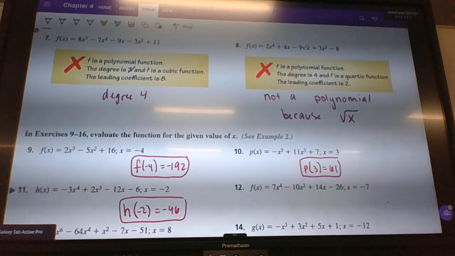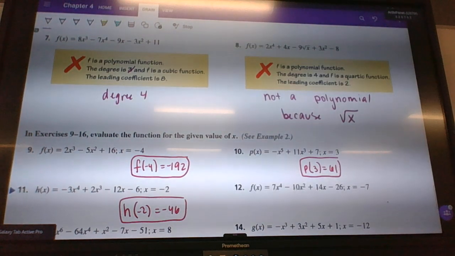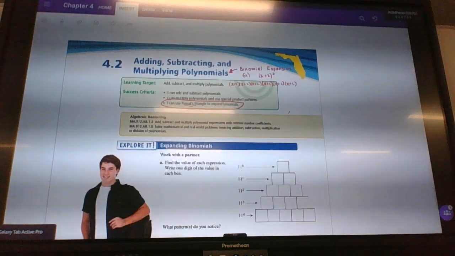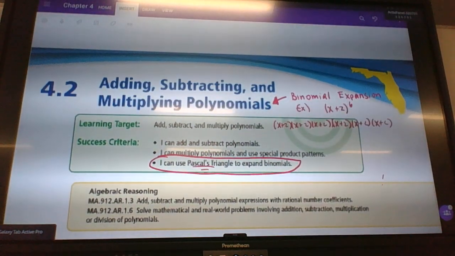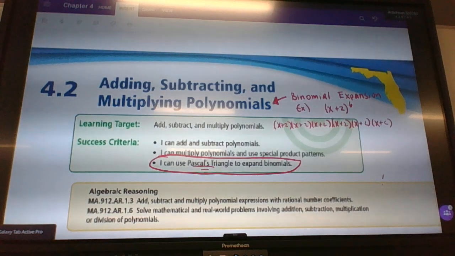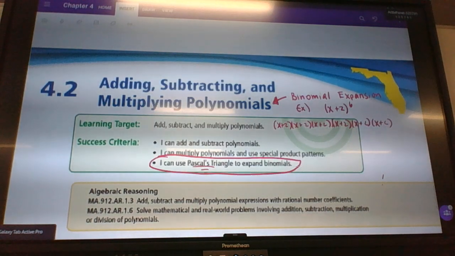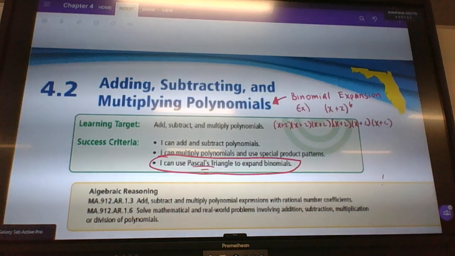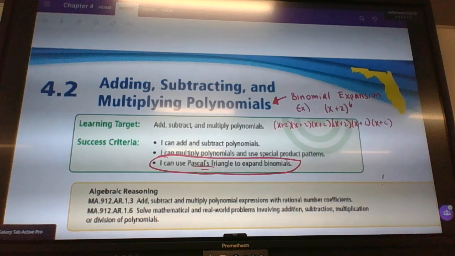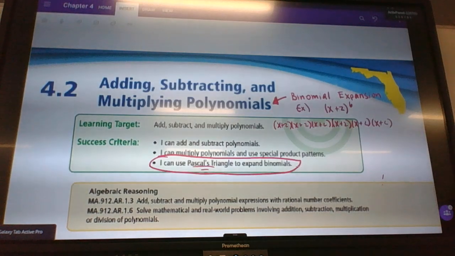Alright, let's go to chapter 4.2. It's not like we can excuse you from the curriculum now. If you get credit for the course, you did the curriculum. Alright, so chapter 4.2 is on adding, subtracting, and multiplying polynomials.